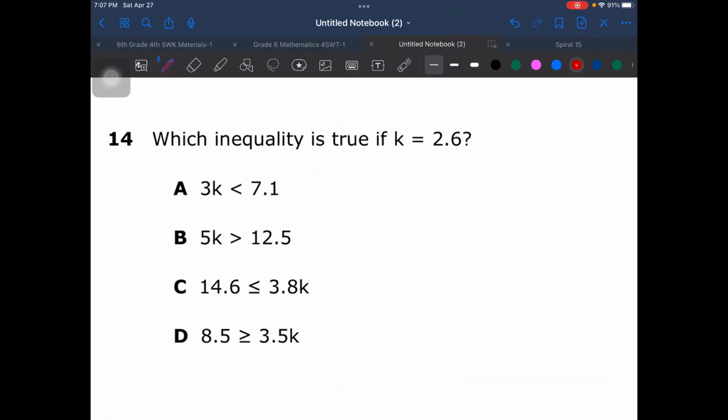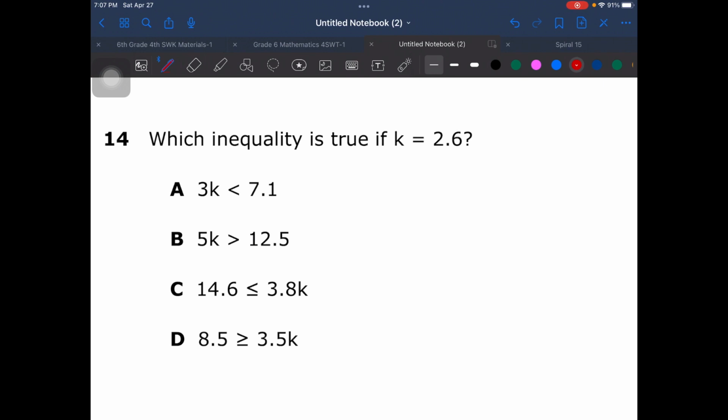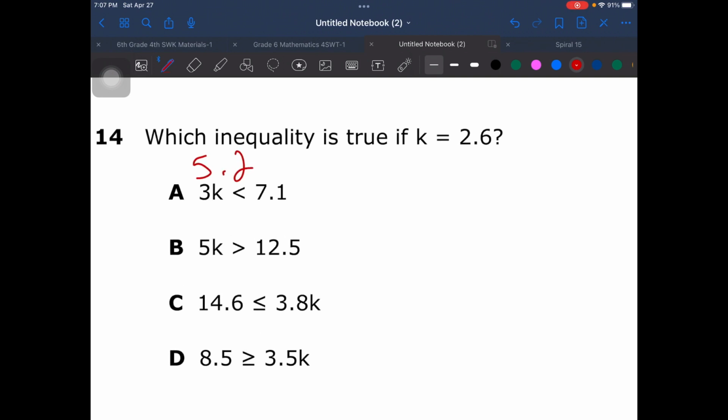14. Which inequality is true if k equals 2.6? So when we multiply 3 times 2.6, we get 5.2, if I'm not mistaken. Is 5.2 less than 7.1? Oh, wait. No. I thought I was multiplying by 2.